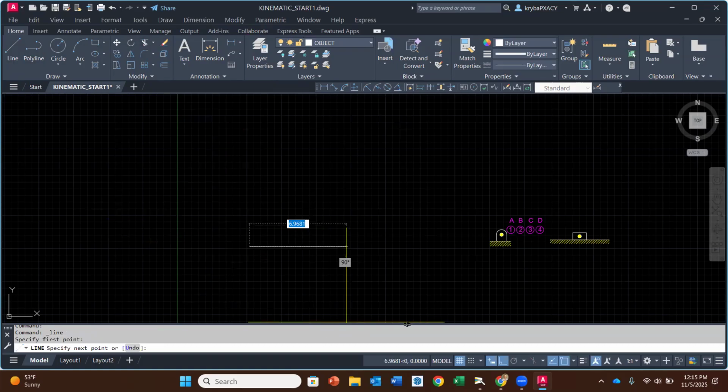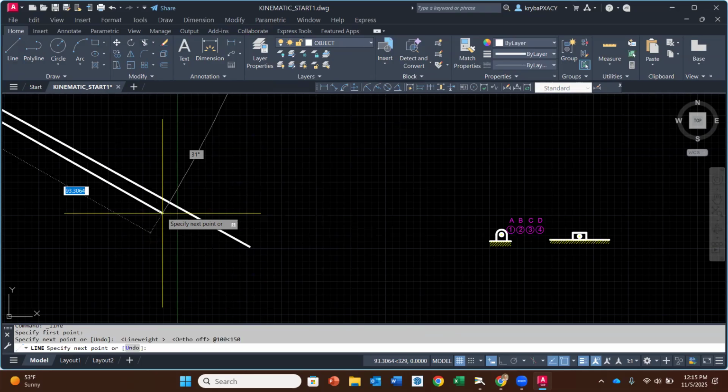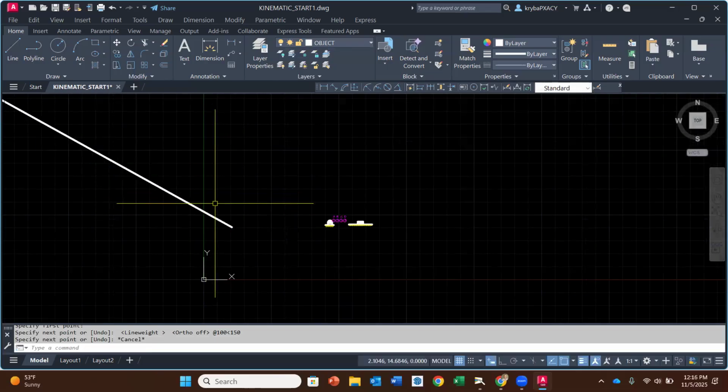So I'm going to start with B, and I'm going to put on my line width and turn off my ortho. I know that B is going to be at 100, and I need to put it at 150 degrees, which is going to be 30 from 180, right?